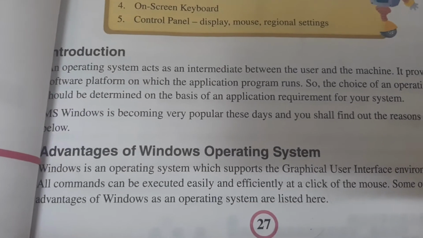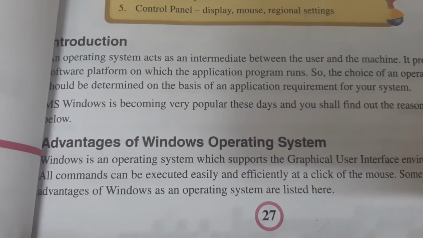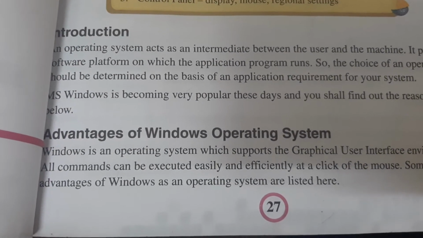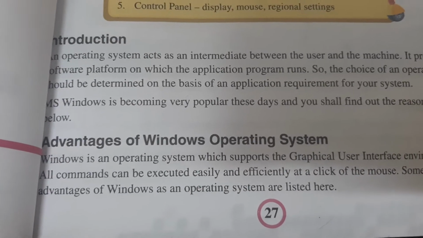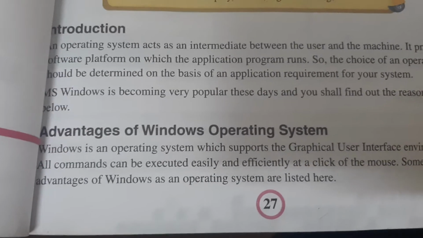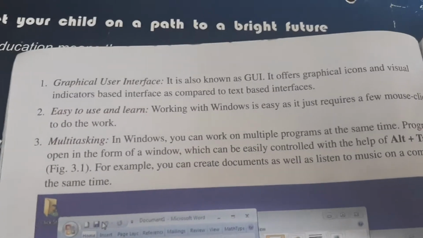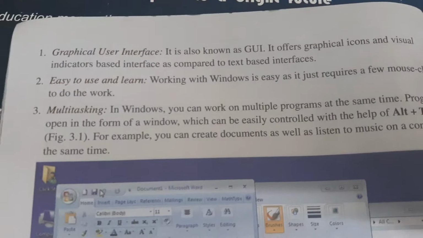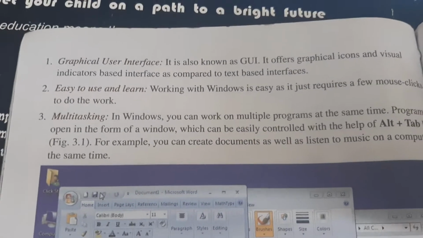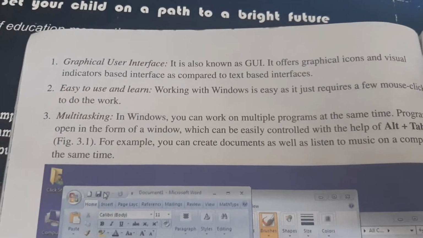Some of the advantages of Windows as an operating system are listed here. Now we will see what are the different advantages of using Windows as an operating system. First one is graphical user interface, also known as GUI.